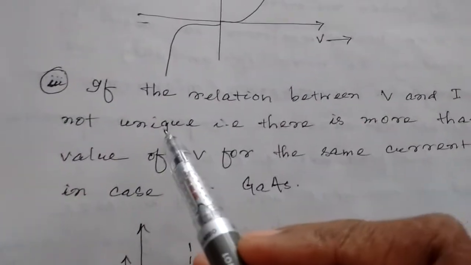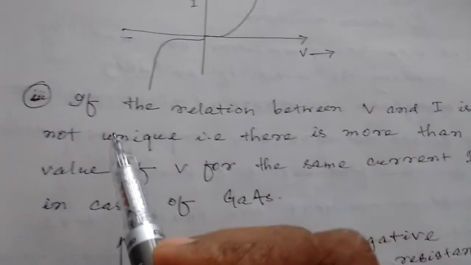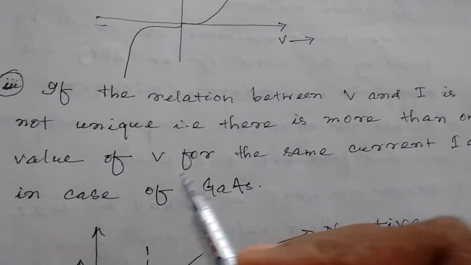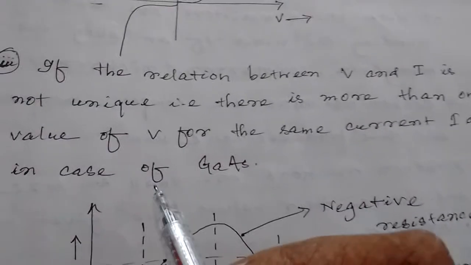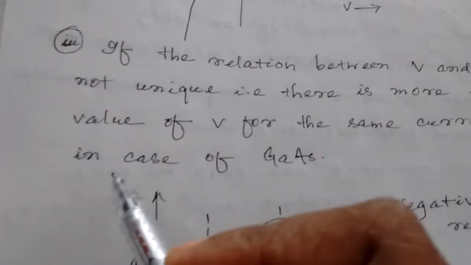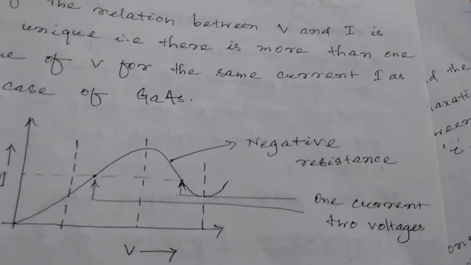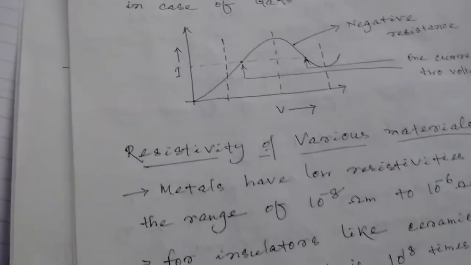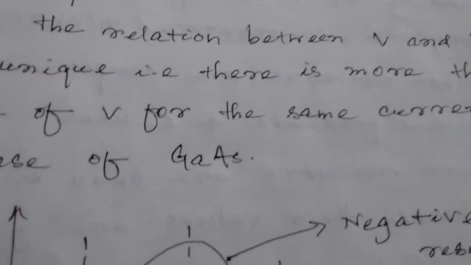The third limitation is if the relation between V and I is not unique, that is, there is more than one value of V for the same current I, as in case of gallium arsenide. Gallium arsenide is a diode, but you cannot understand what it is right now.